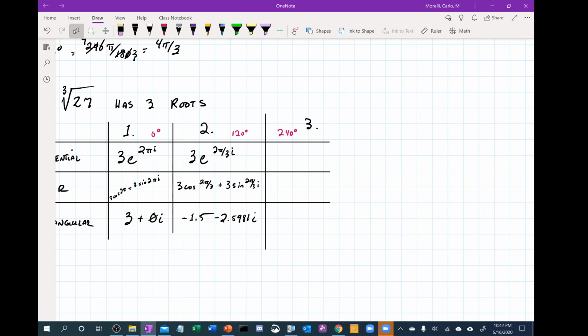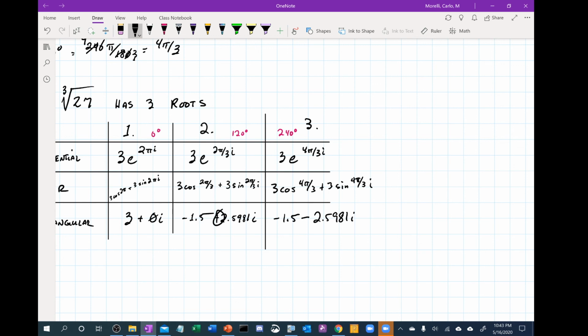Now on to the final one. And that was 3e to the 4 pi over 3i, which was 3 cosine 4 pi over 3 plus 3 sine 4 pi over 3i. And so this one over here was negative 1.5 minus 2.5981i.